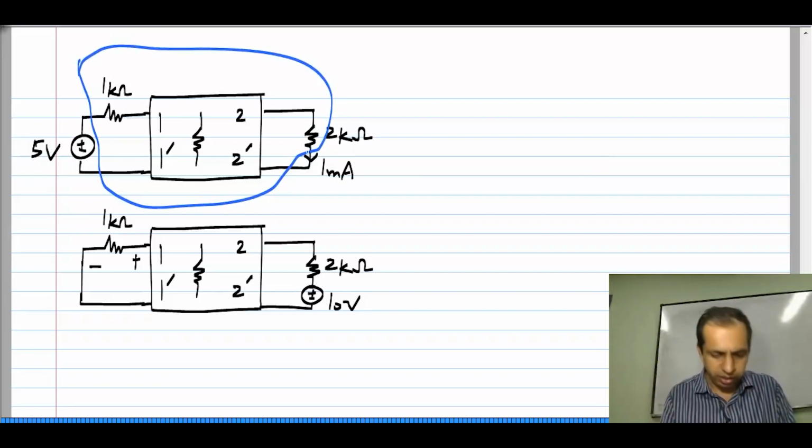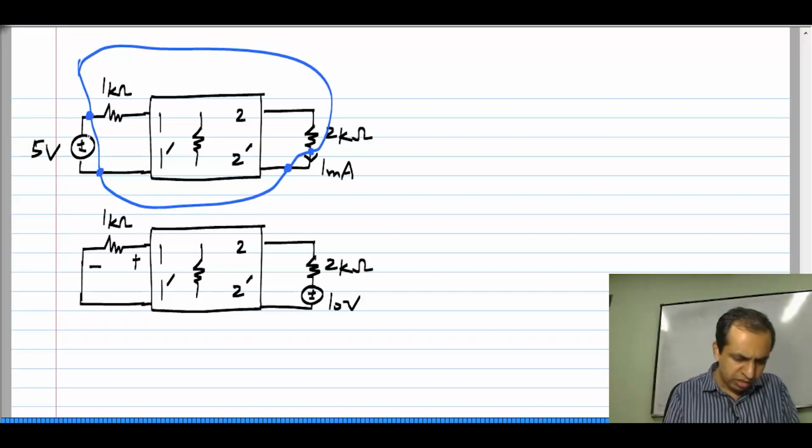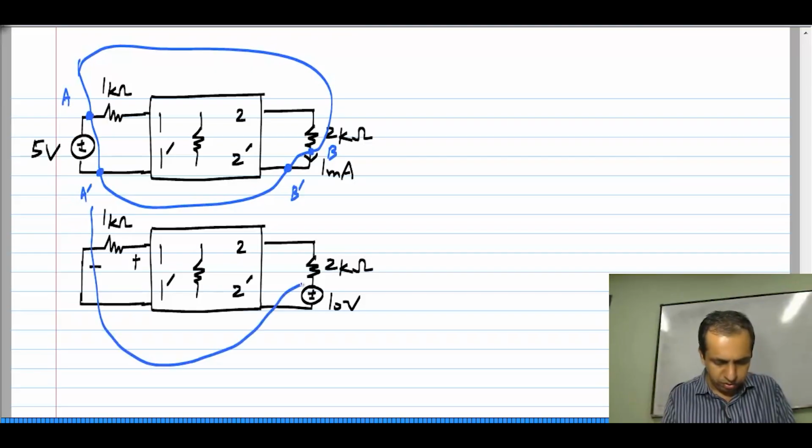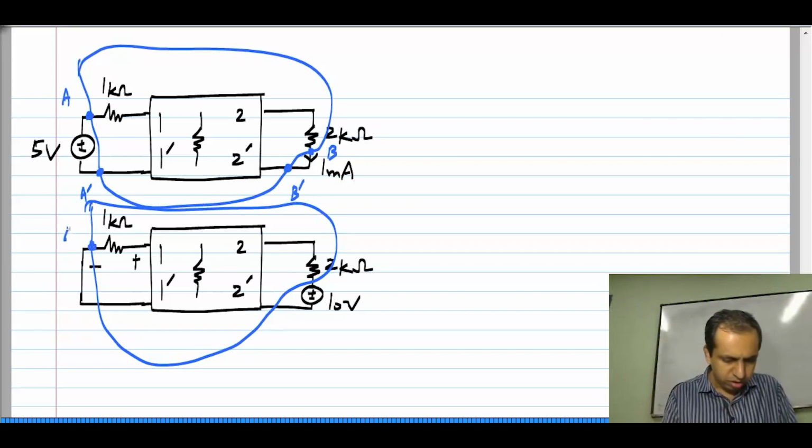something like that. This is A and A prime, that is one of the ports, and this is B and B prime, that is the second port, and that is terminated in a short circuit. And again I will take the exact same two port here.